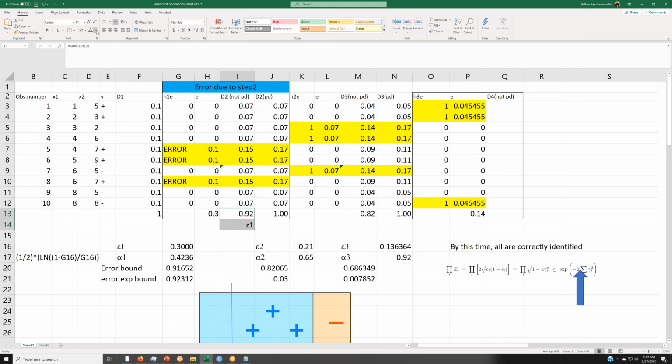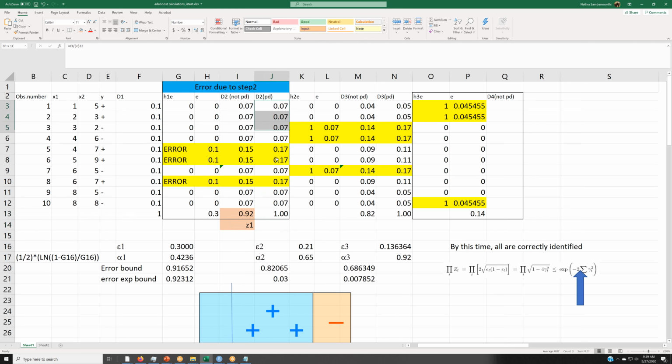Make it a different color so it's visible. Everybody good? So I got the z values, and these probabilities divided by z is this one. If you calculate, this is 1.